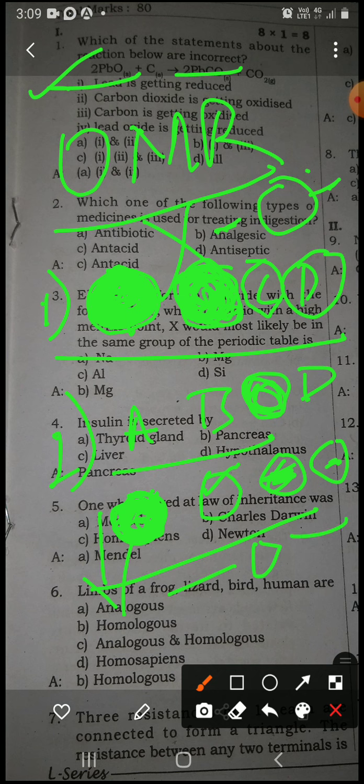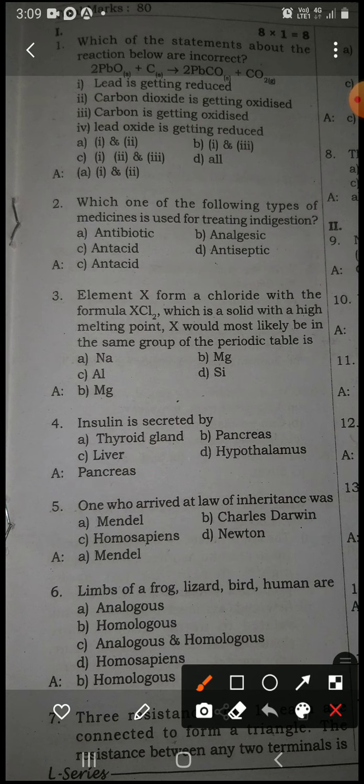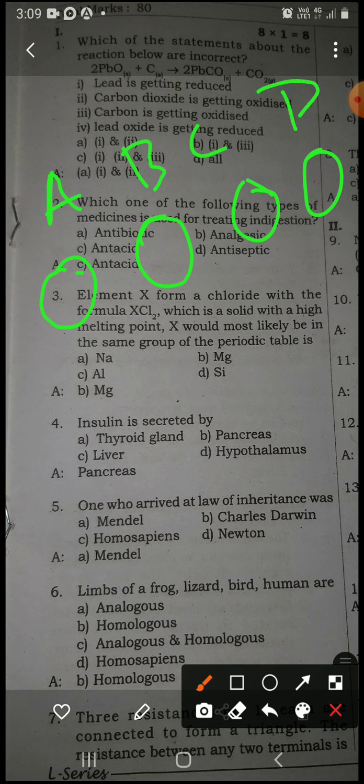Got it? So the very important thing is, just now I told you, when you get four circles, four options, for the right answer, first you have to make sure which option, A, B, C, D, is the right answer. You have to double check it.